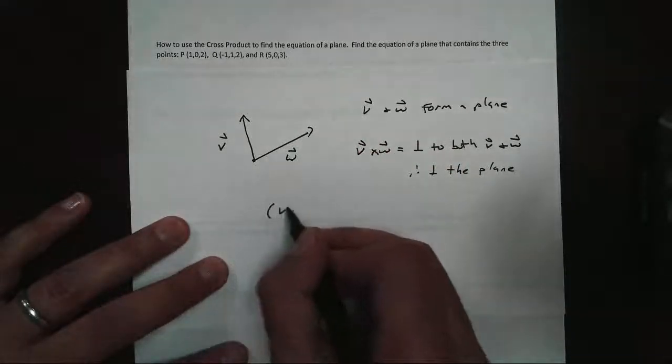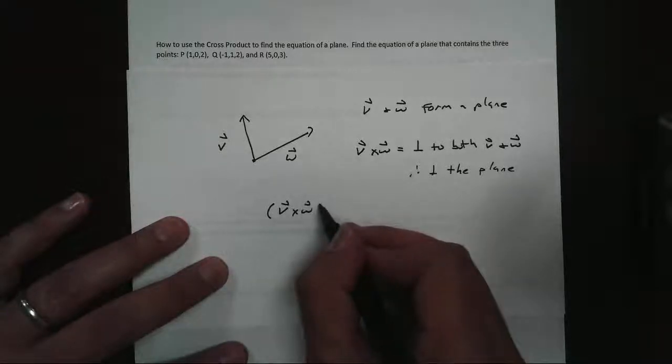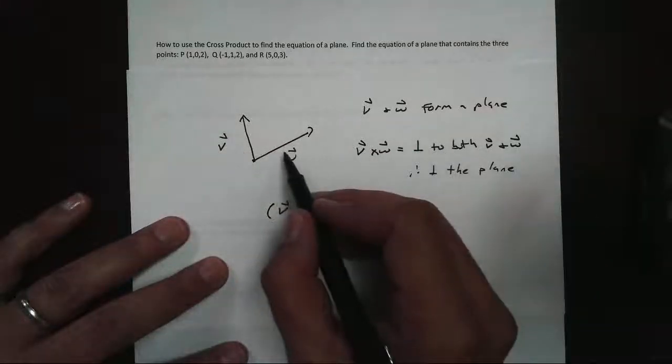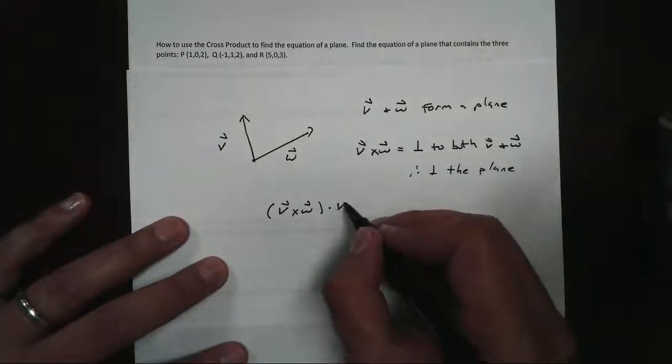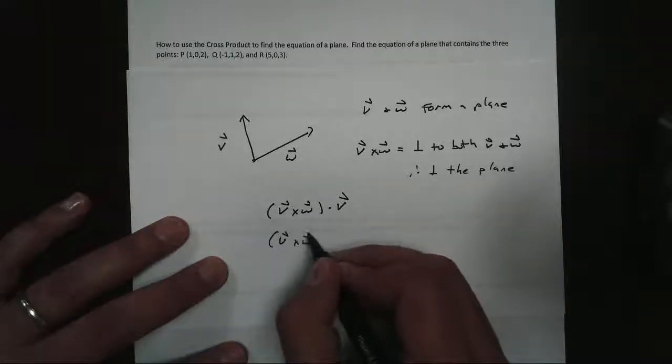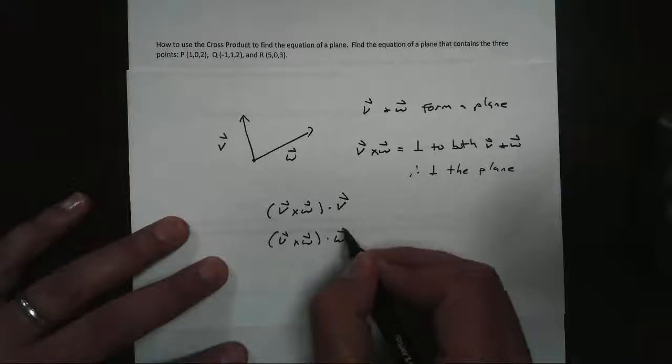If we were to take V cross W, and dot it with any vector on this plane, well, we already know it's perpendicular to V and W, so let's say we dot it with vector V. It wouldn't matter if we dot V cross W with W as well.